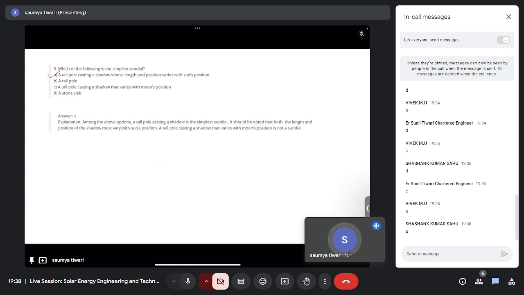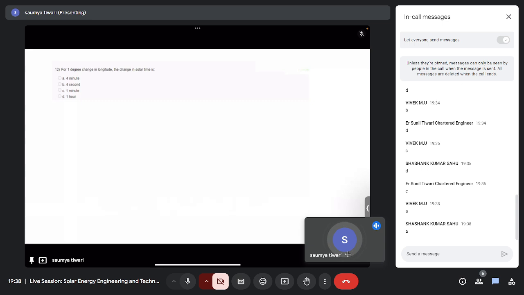If we have a tall pole and its shadow, depending on how its shadow is cast, we can determine the position of the sun, right? Based on the length and position, we can determine. So it could be a very practical application of a sundial, right?